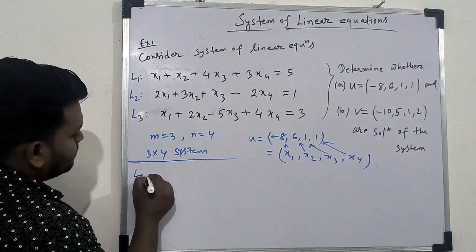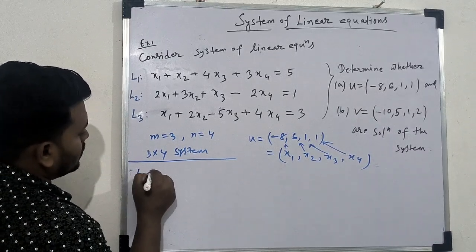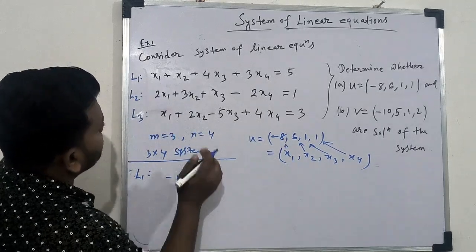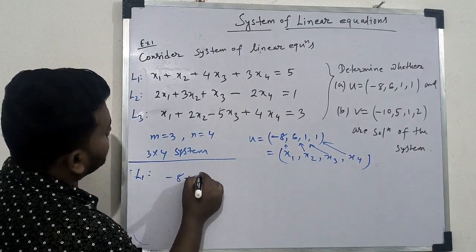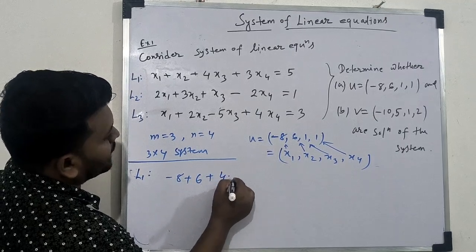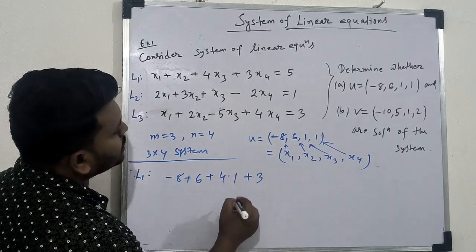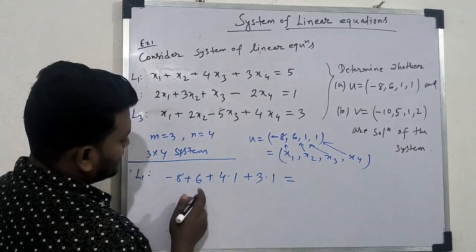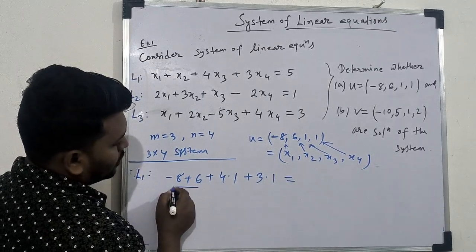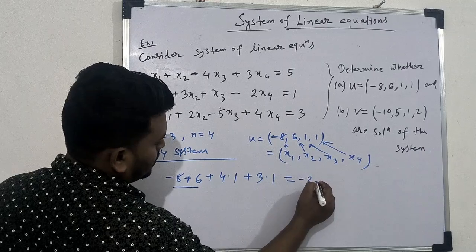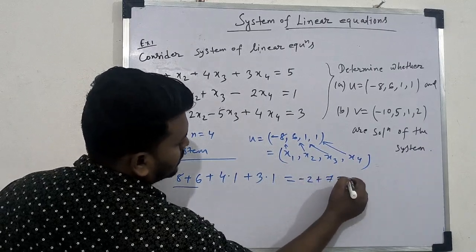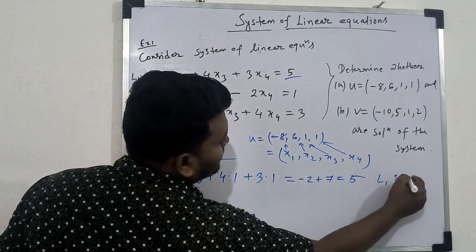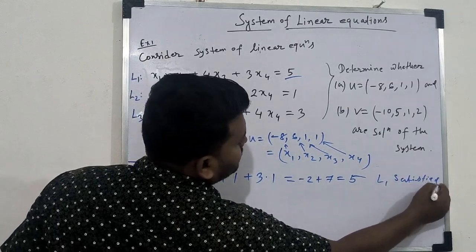So from L1 we put these values: x1 equals -8, plus x2, that is 6, plus 4 into x3, that is 1, plus 3 into x4, that is 1. So this is -2 plus 7, which equals 5. So L1 is satisfied.